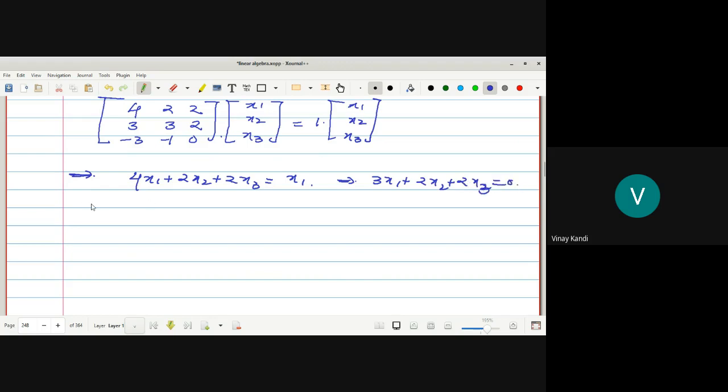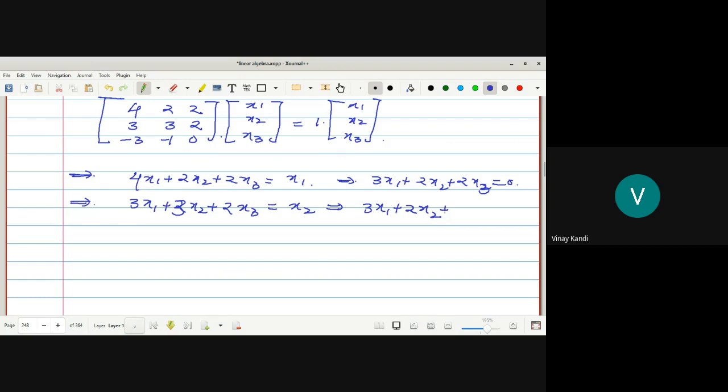Second: 3 into x1 plus 2 into x2 plus 3 into x2 plus 2 into x3 is equal to x2. You know how to do matrix multiplication. This implies 3 into x1 plus x2 gets cancelled, so 3x1 plus 2x2 plus 2x3.